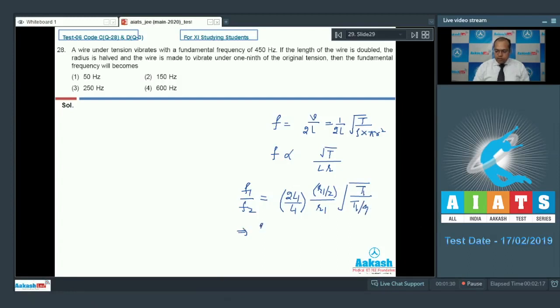So from here, the value of F2 comes out to be F1 by 3, and the value of F1 is 450, so 450 by 3. So it comes out to be 150 Hertz. So option 2 is the correct answer. Let's move to question number 29.